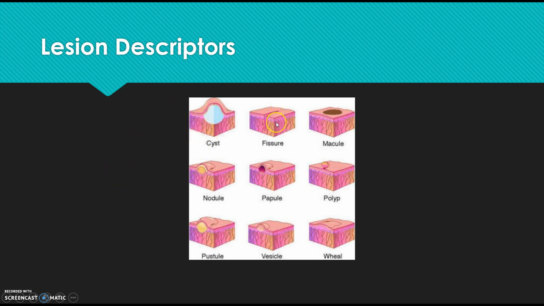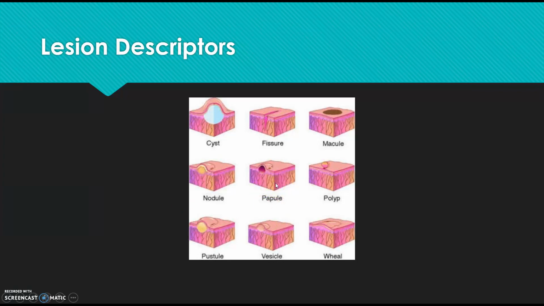Fissures are narrow opening cracks with varying length and depth, usually some breaking or parting of the skin. A macule, I've kind of already talked about. That's little spots or blemishes on the skin. They're flat. You can't see them from the side. A nodule is a growth of abnormal tissue that develops just below the skin. They can also develop in deeper tissue.